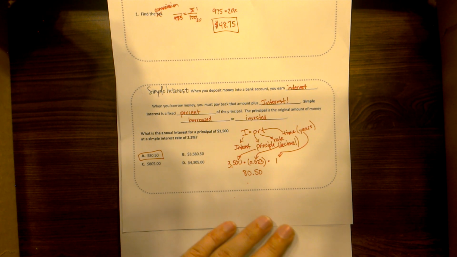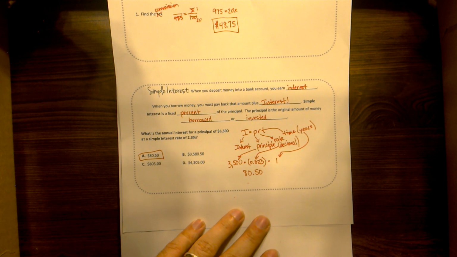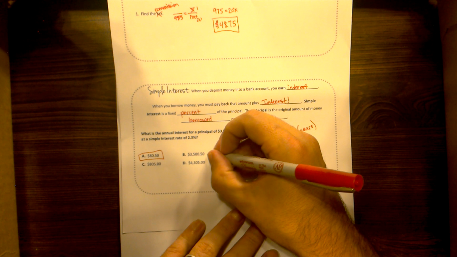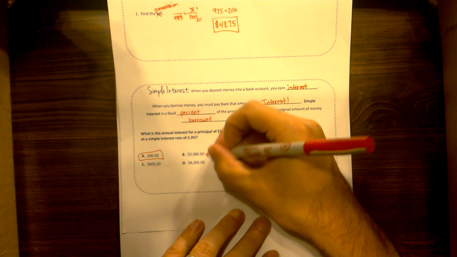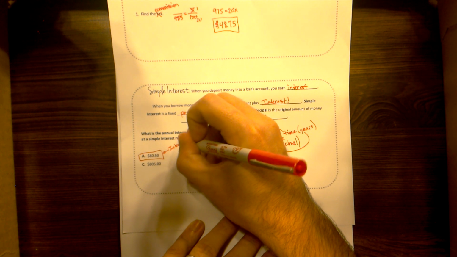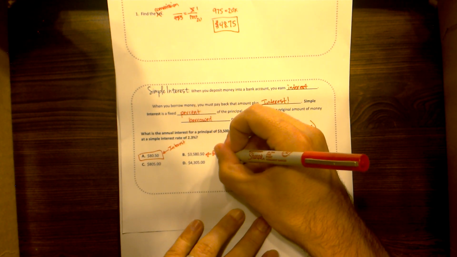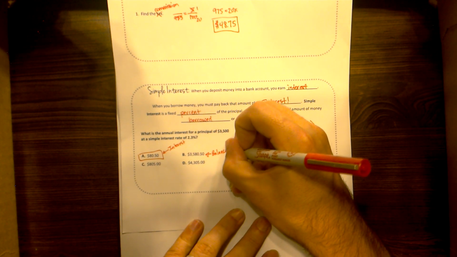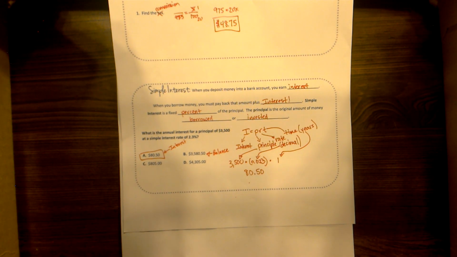After 1 year, you can take out more money than what you put in. Good deal, right? This would be the amount of money in the bank. This would be the interest. And this would be the balance after 1 year.